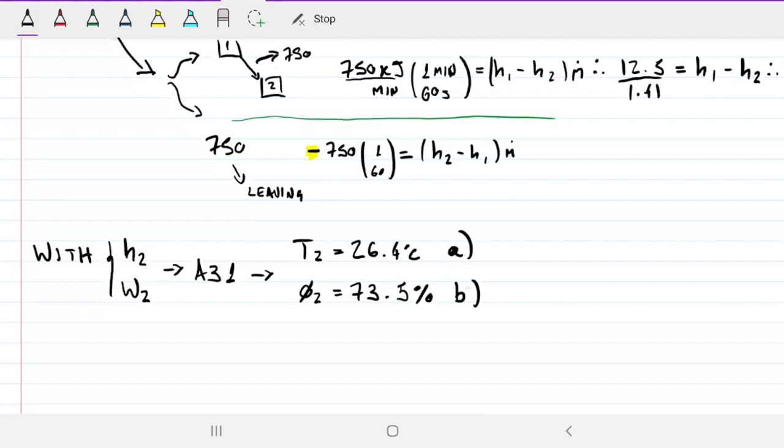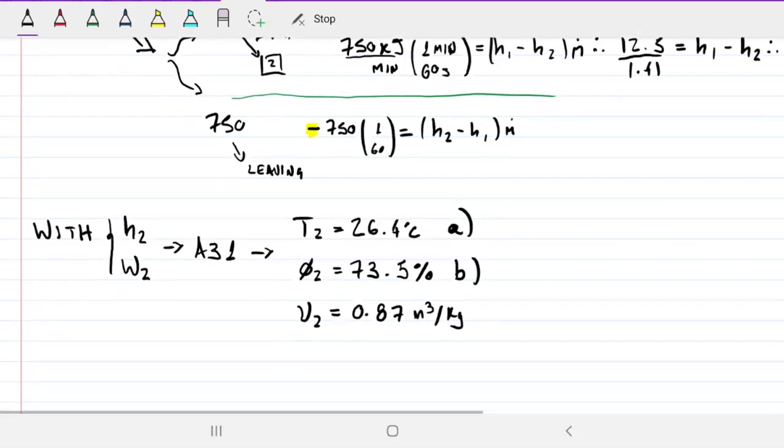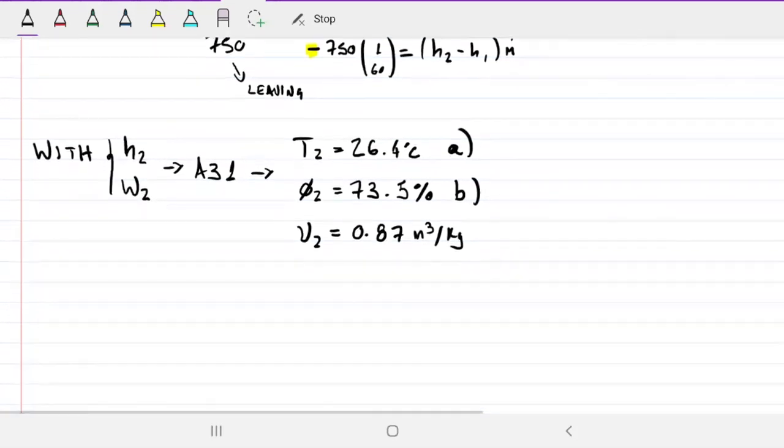So that was B. And then for C, we're going to need this here, because we're going to apply some mass conservation. So for C, to finish off, you can do mass conservation.